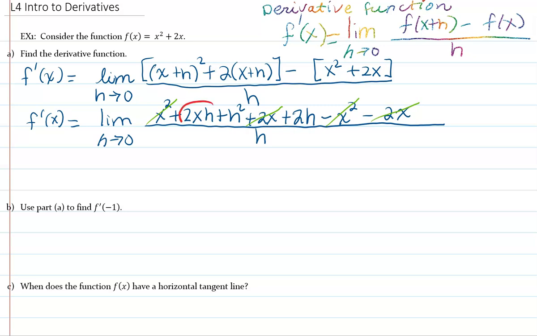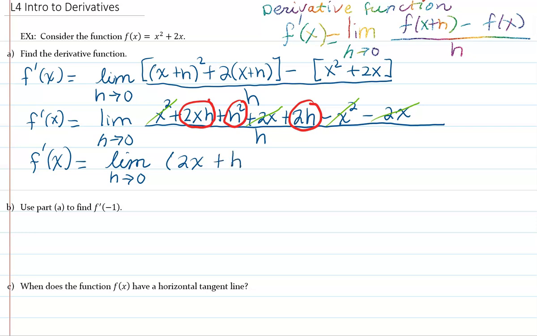Everything else that is there has an h in it, so we can divide everything by h. And so when we divide everything by h, we would say the derivative function, or f prime of x, is the limit as h goes to 0 of 2x plus h plus 2.